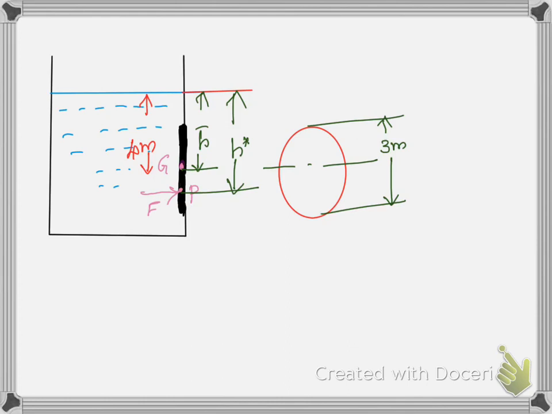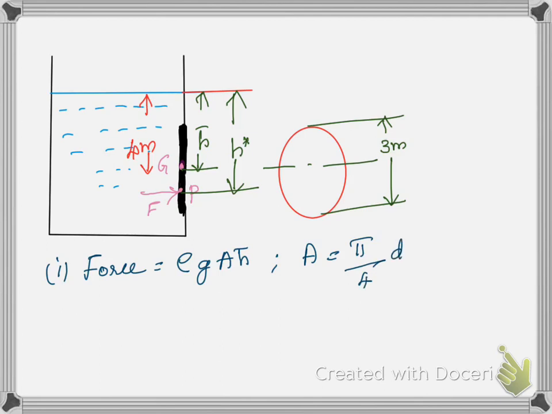First I am going to determine my force. Total pressure force is equal to rho g A h bar. The h bar value is given to me, and I have to calculate the A value. Since it is a circular disc, my area formula will be pi by 4 d square, which is pi by 4 into 3 square, 7.0685 meter square.